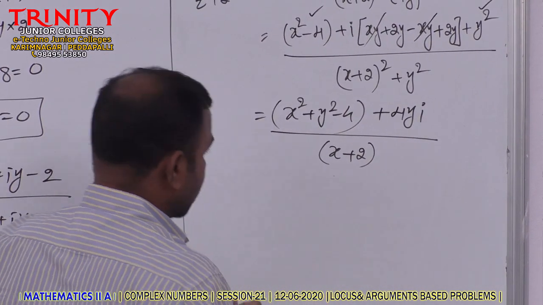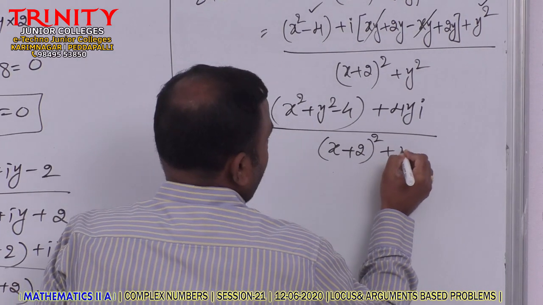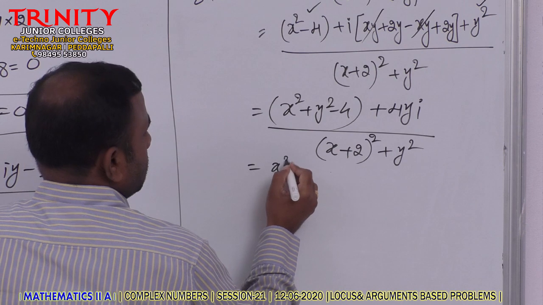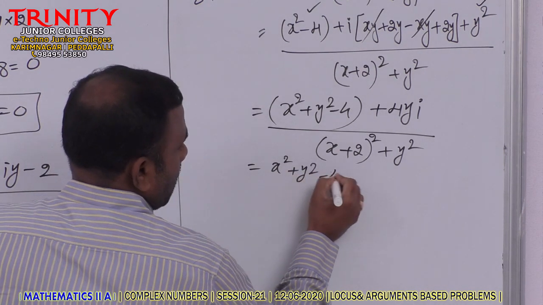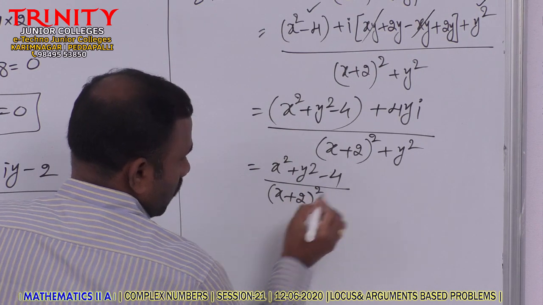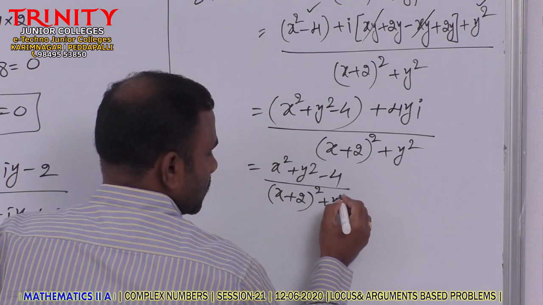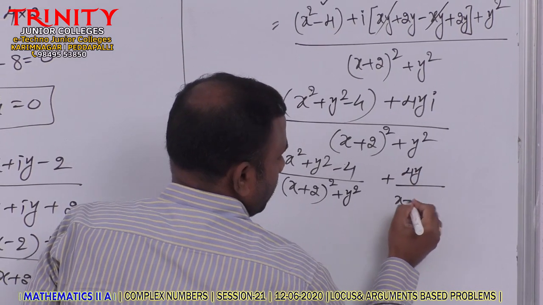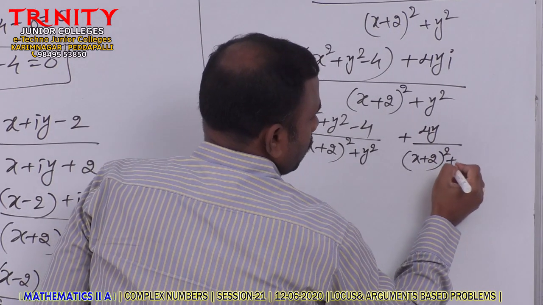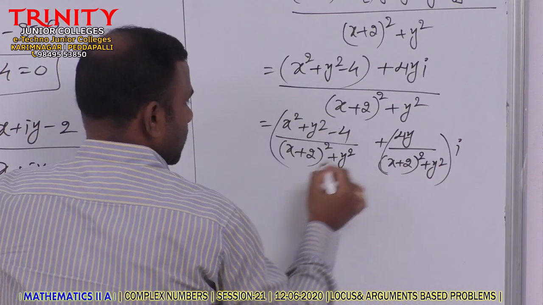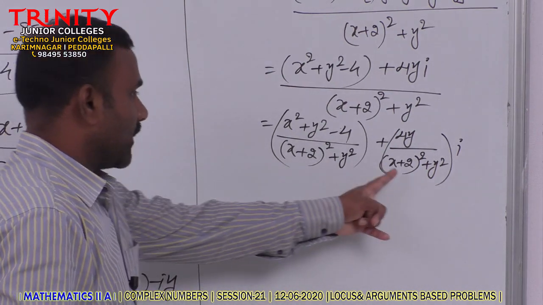That's why I am not simplifying the denominator parts. So we have (x square plus y square minus 4) by ((x plus 2) whole square plus y square), plus (4y by ((x plus 2) whole square plus y square)) i. This is real and that is imaginary.